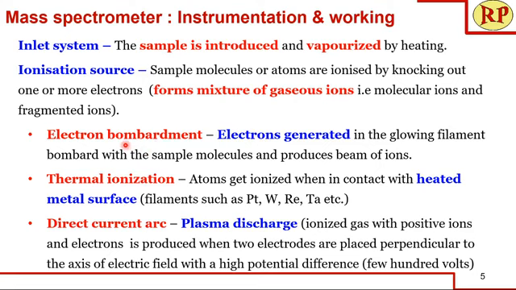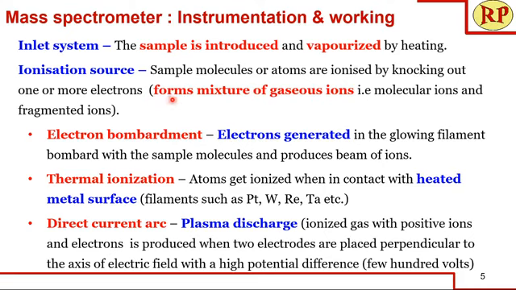Here what happens is the sample molecules or atoms are ionized by knocking out one or more electrons. That is, when one electron is pushed out of a molecule, we get a molecular ion. And these ions can be further fragmented to smaller ions to form a mixture of molecular ions and the fragmented ions.